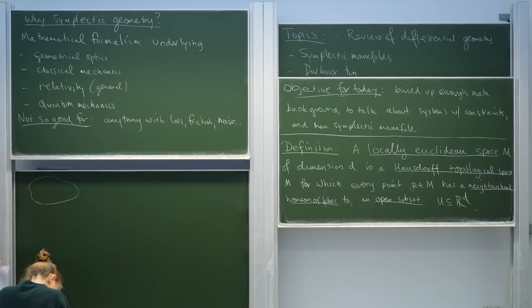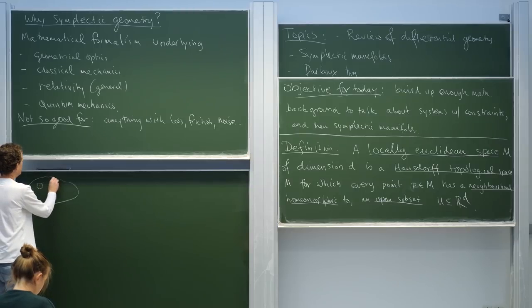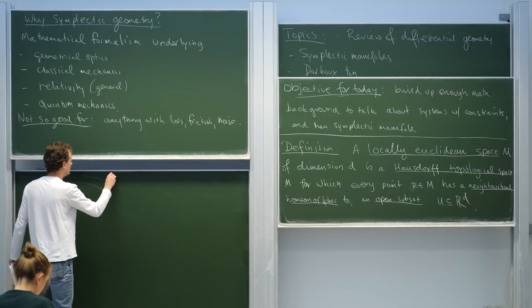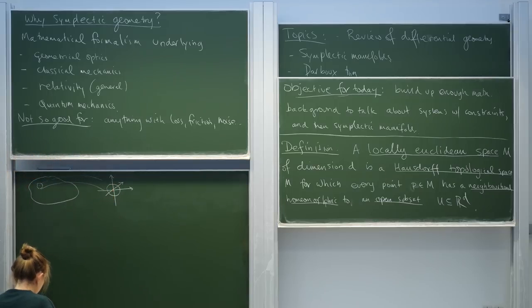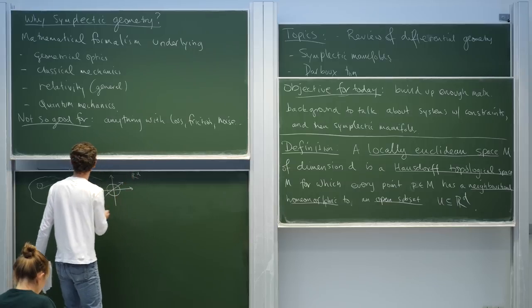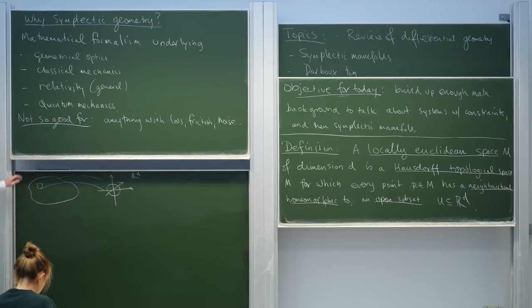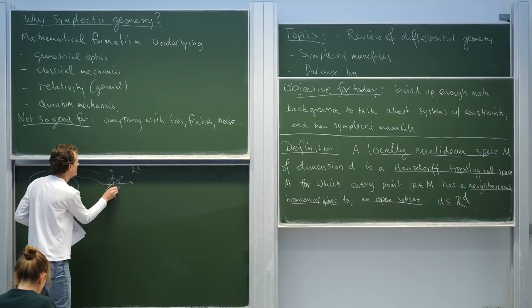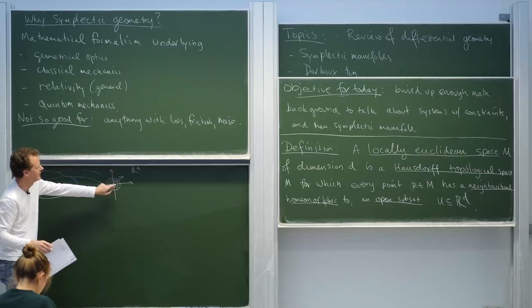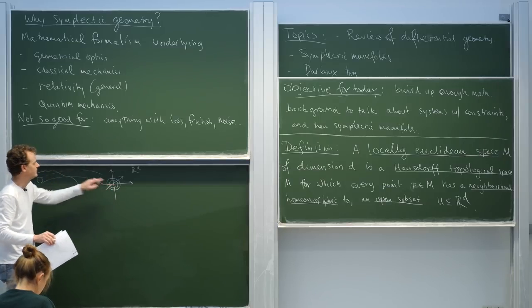It means that every point in this space has a little neighborhood, where this neighborhood can be continuously deformed into some nice subset of R to the D. So every point in this neighborhood has an image here in R to the D, and it's also a continuous map.